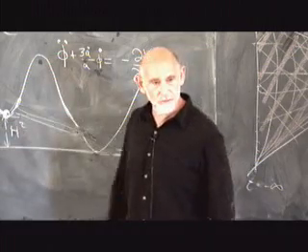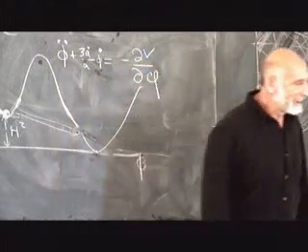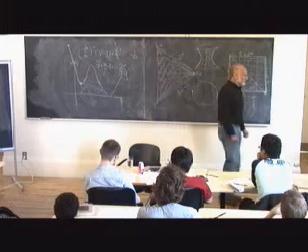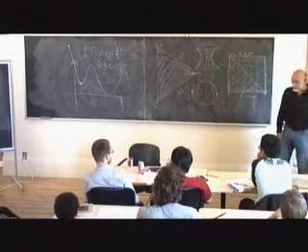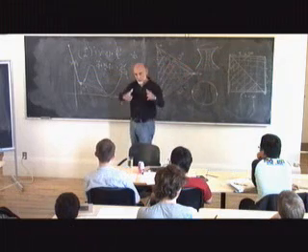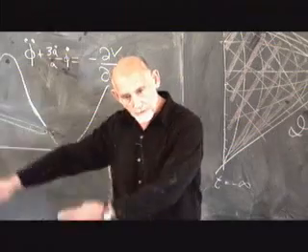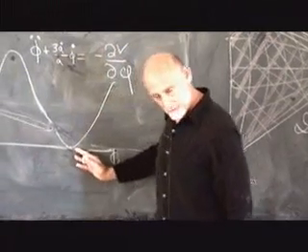How many people think yes, that it makes sense? How many people think no, it doesn't make sense? The no's win, and the no's are right. It doesn't make sense to have the entire universe suddenly, which may be exponentially big, jump from one minimum to another minimum.